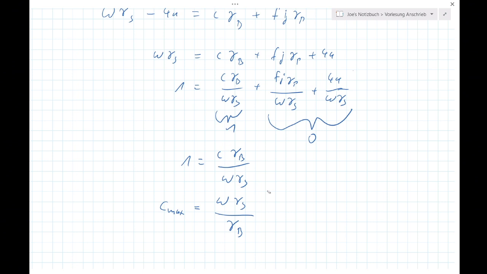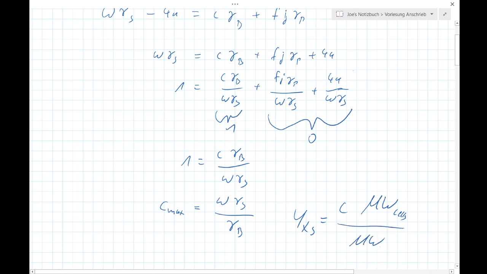You remember we have this equation: YXS is equal to C times the molecular weight of the cells divided by the molecular weight of the substrate. I think this was our equation 25 or 20, if I'm correct.